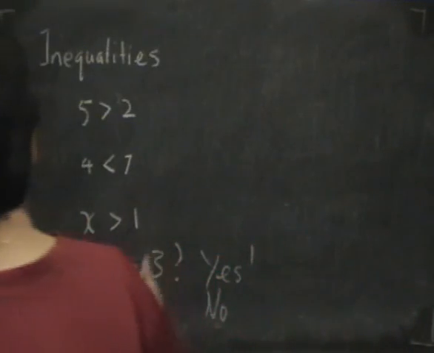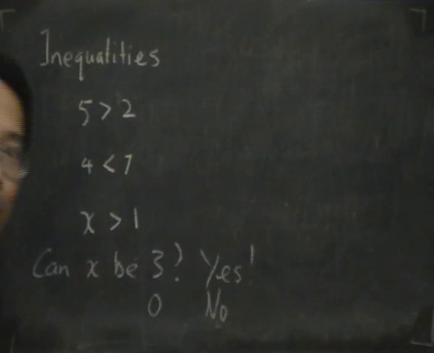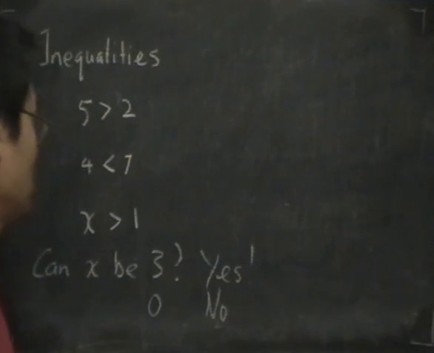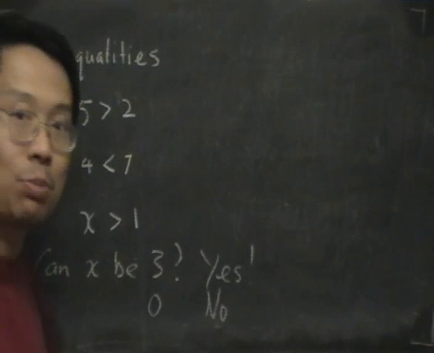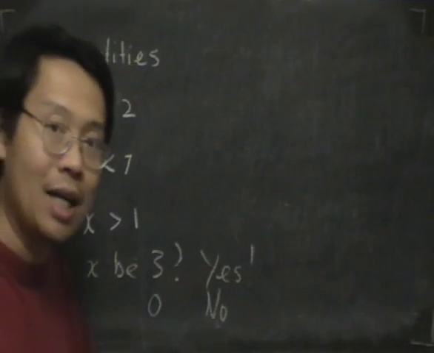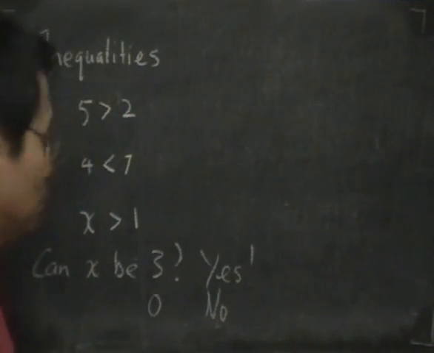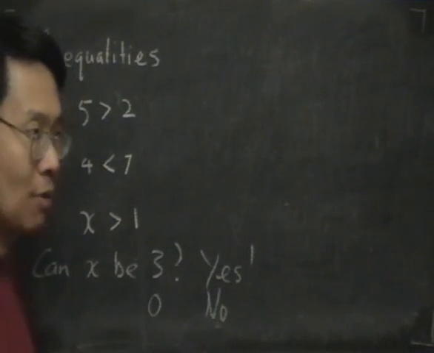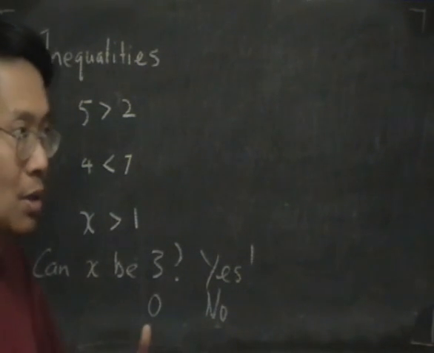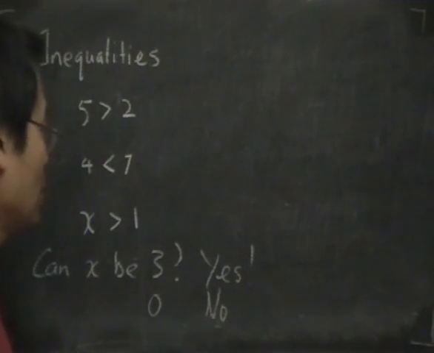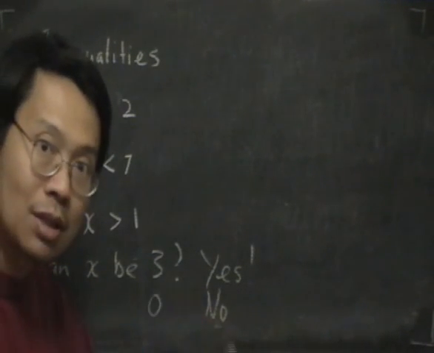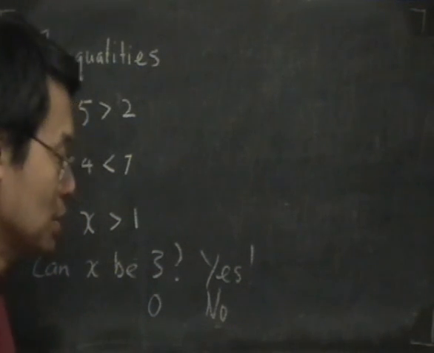X can be 2, can be 3, can be 4, can be 5, can be 6, can be 1.5, can be 1.3, can be 7.8, just any number you can imagine. So there are many solutions. In fact, there are so many that you can't count. It can be any number more than 1. There is an infinite number of possible solutions.